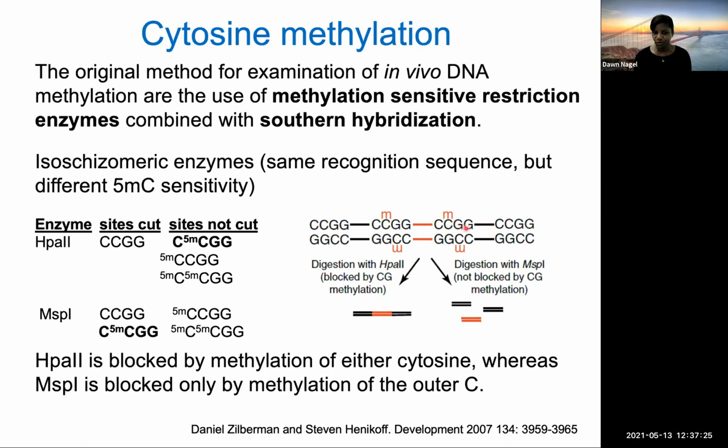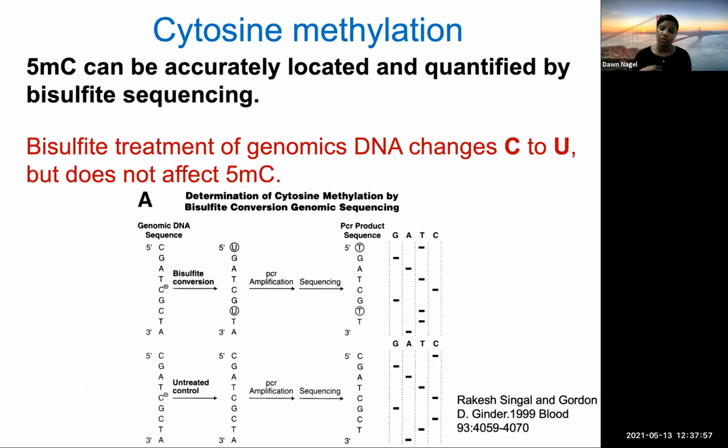Compared to that, if you digest with MspI, it's not blocked by this CG methylation in the inner site, so it can cleave there. You can cleave this fragment into three different pieces, run this on a gel, and see which regions of your DNA are methylated or not. This was traditionally used. It might still be used in some labs for directed analysis, but a lot of the work that we do now is looking more on a genome-wide scale.